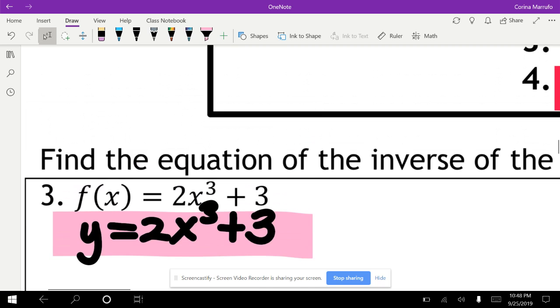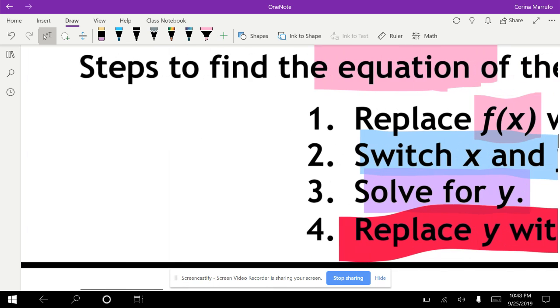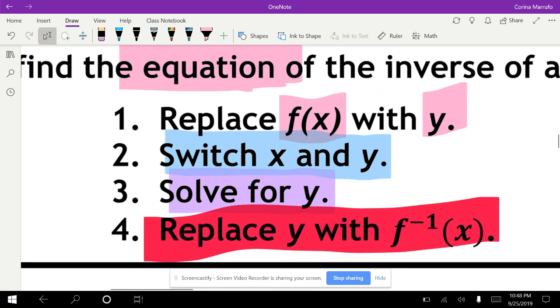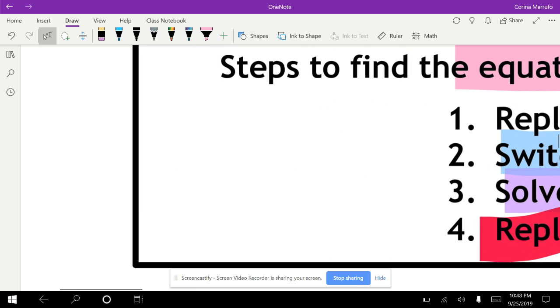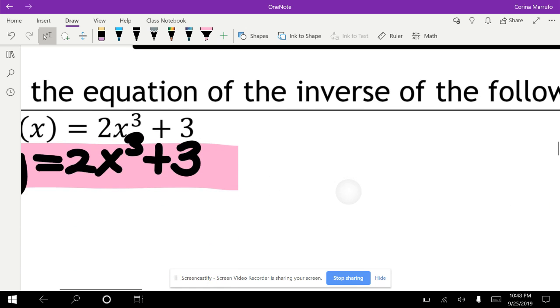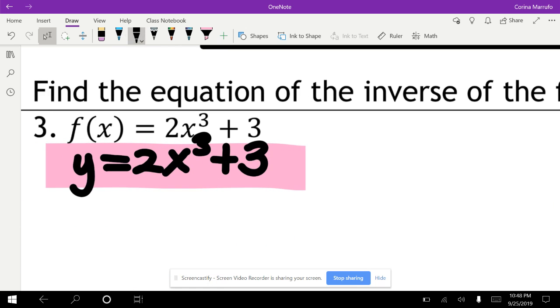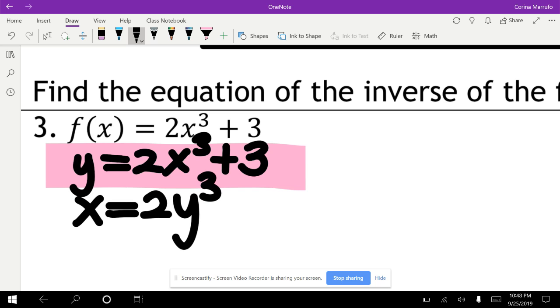All right, then I look at my next step. So it says here my second step is to switch x and y. So let's go ahead and do that. I'm going to go back down. And I am going to switch my x and my y value. So you write it as x equals 2y to the third power plus 3.